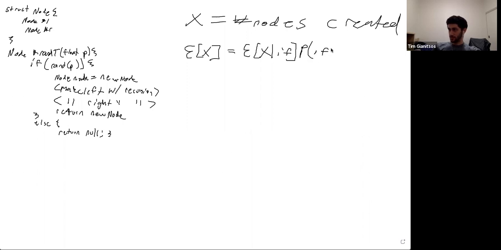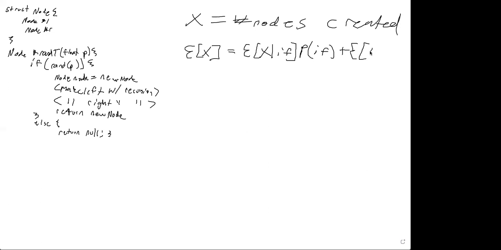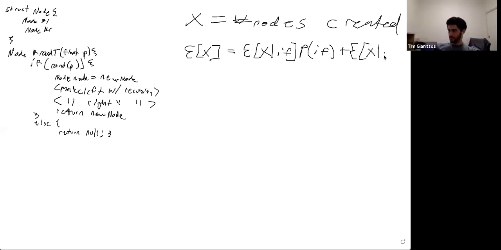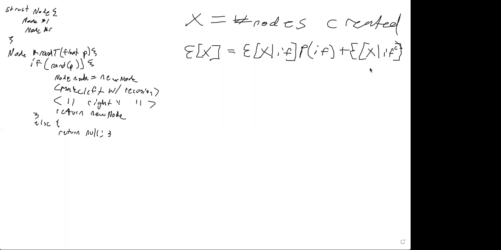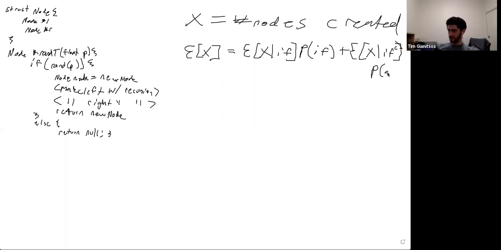And times the probability of if, plus what? Expected value of what? Would it be X given else? Yeah, exactly, times the probability of else, or if complement, same thing. All right, so now we have this situation.